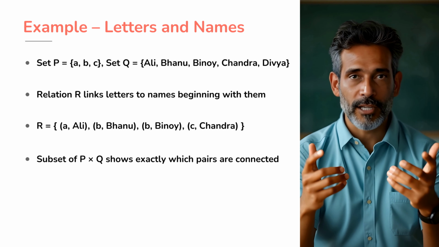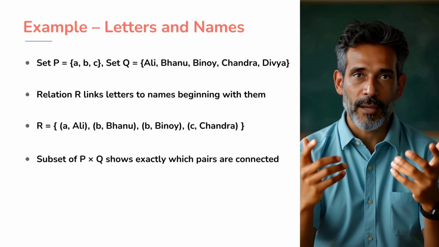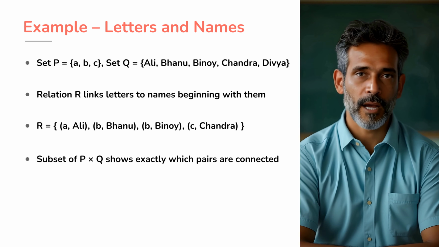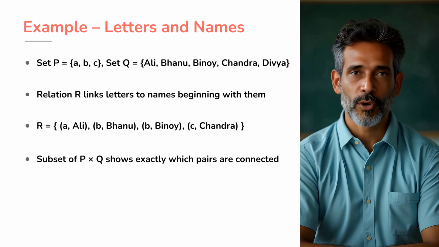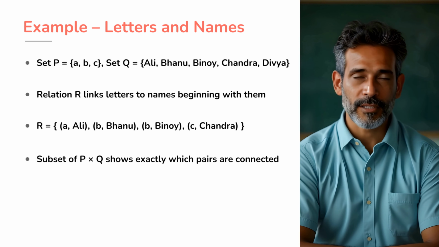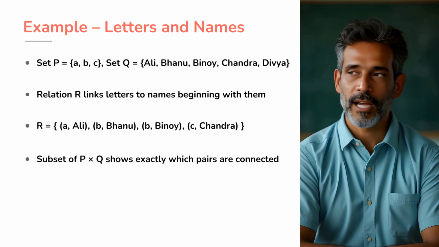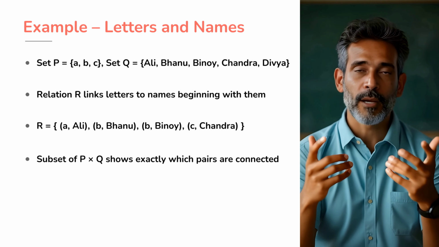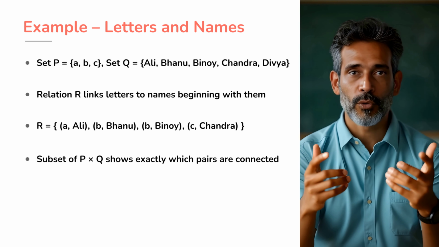We want to create a relation that links each letter in P to all names in Q that begin with that letter. R equals the set of all ordered pairs (x, y), such that x is the first letter of the name y, where x belongs to set P and y belongs to set Q.